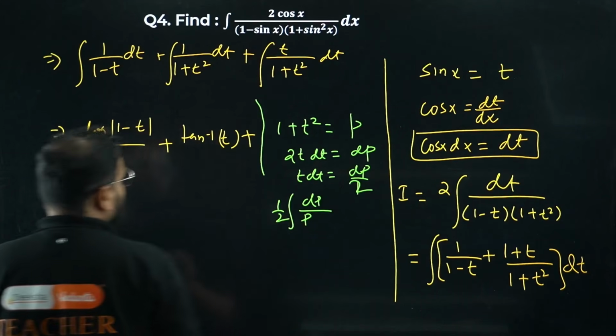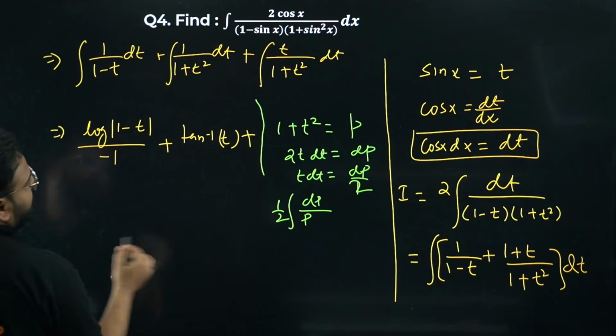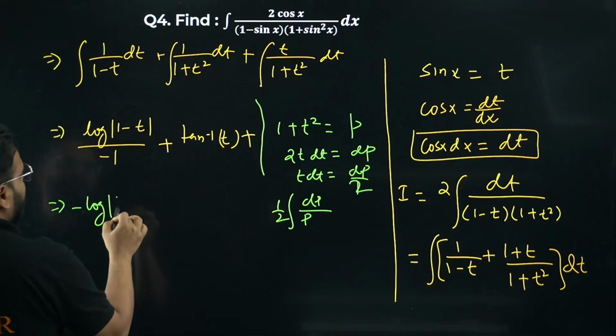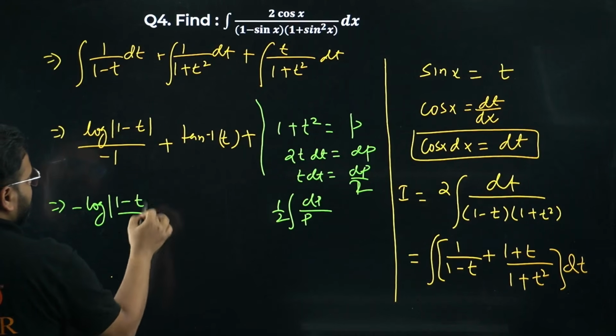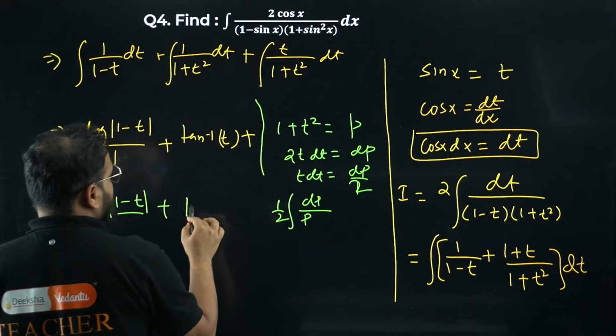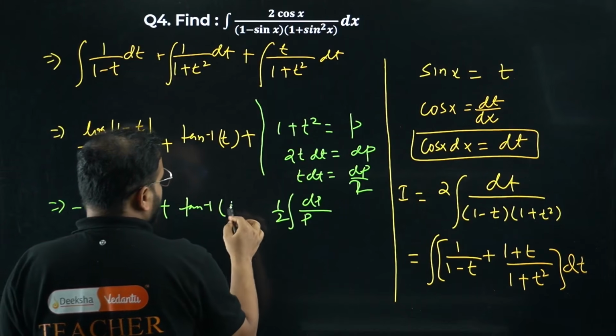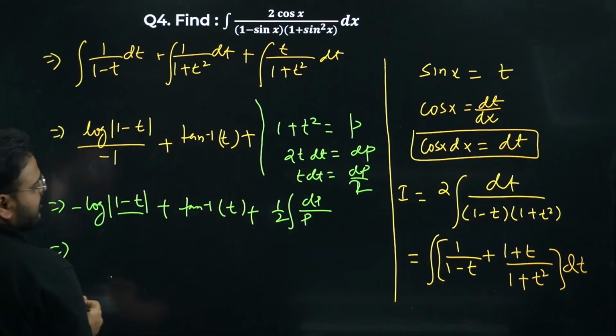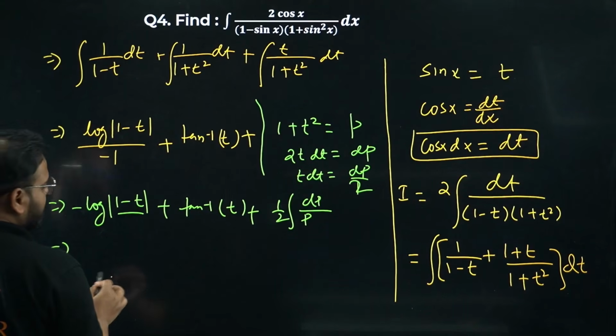So let me continue with this step. This is as it is, no? Minus log 1 minus t, that is it, plus tan inverse of t. This will be again plus sign. Please check what I'm getting, sir.